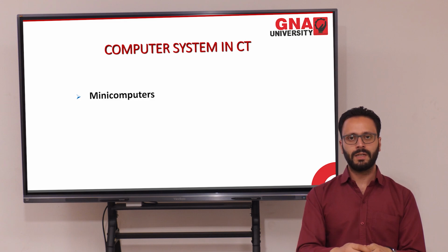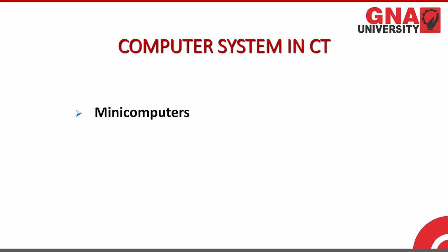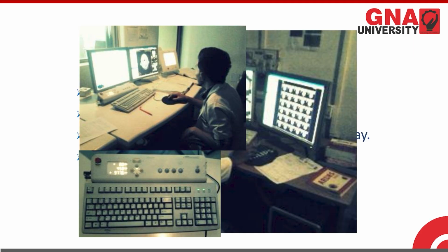Now, the type of computer that we use in the CT system is the mini computer. Why do we use mini computers? The reason is that in a single scan, we are utilizing multiple projections. At the end of each projection, we have to do thousands of calculations.